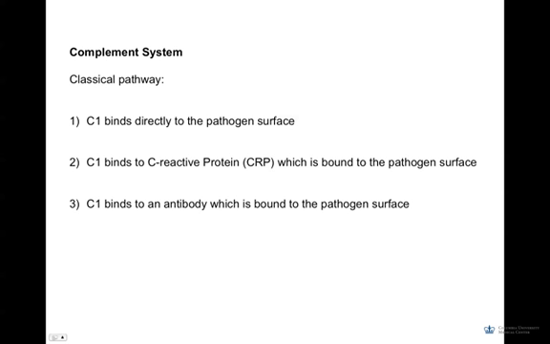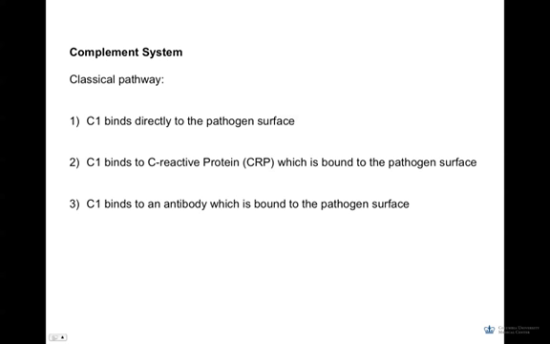This mechanism involving C-reactive protein is one of the ways complement gets activated as part of a systemic inflammatory response. The third possibility for the classical pathway is that C1 binds to an antibody which is bound to the pathogen surface.